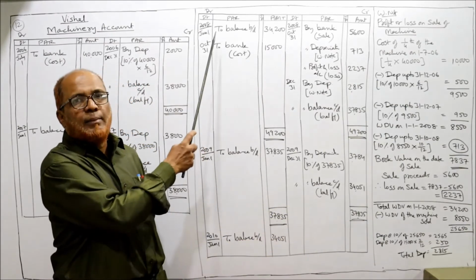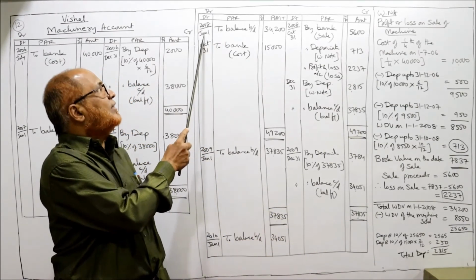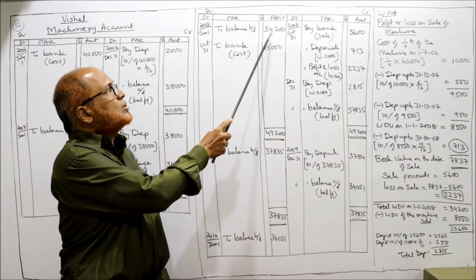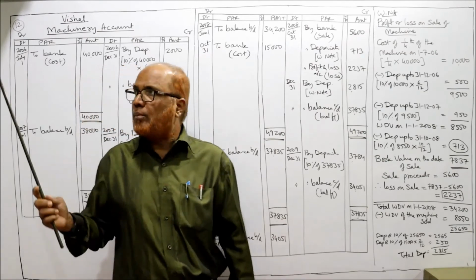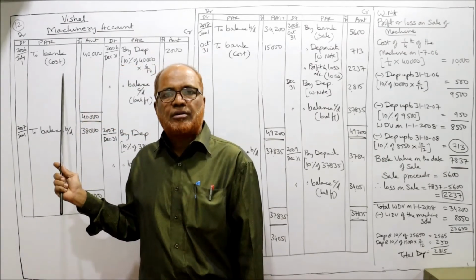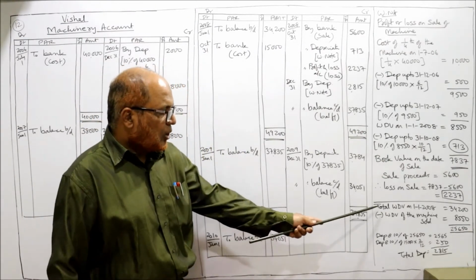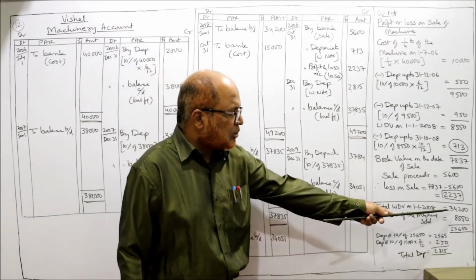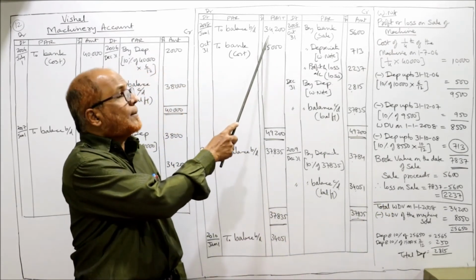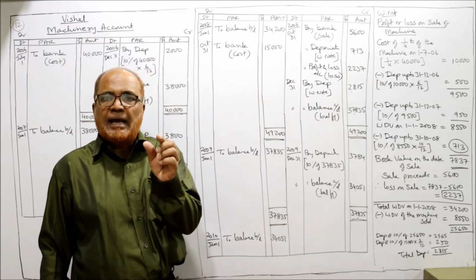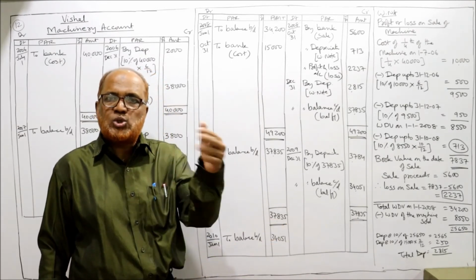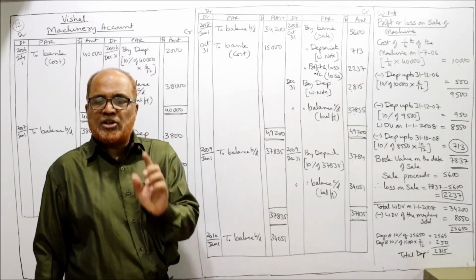What is the total WDV of the machine at the beginning of the year, 1st January? 34,200. This 34,200 is the WDV of the whole first machine. So I have taken total WDV on 1st January 2008, 34,200. From this, we deduct the WDV of that machine which was sold. 1/4 of the machine was sold.